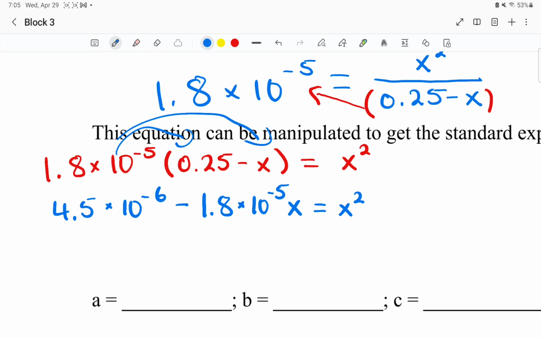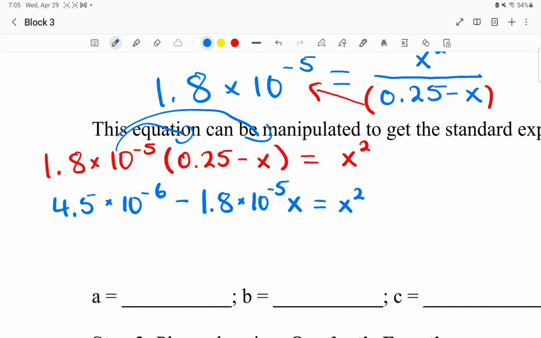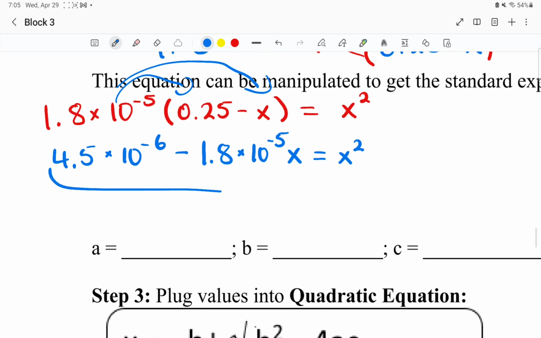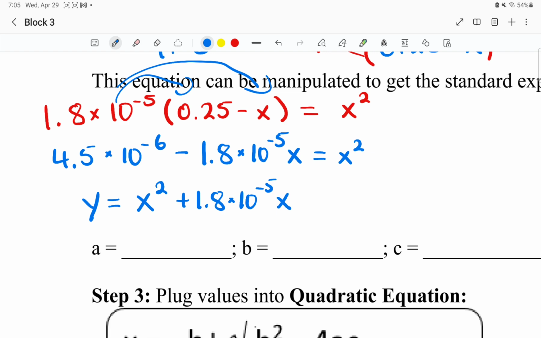Meaning if we want to get it into the x squared plus bx plus c form, we move everything over to the other side, and that gives you y equals x squared plus 1.8 times 10 to the negative 5 x minus 4.5 times 10 to the negative 6.